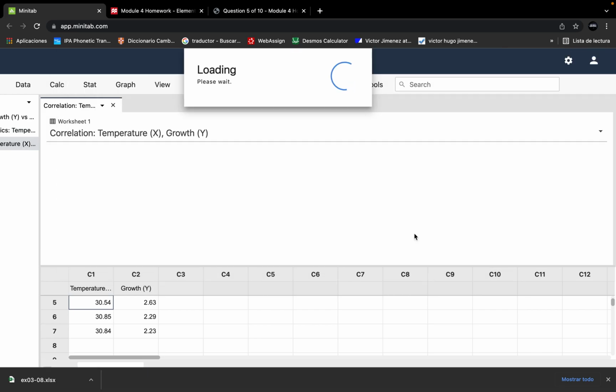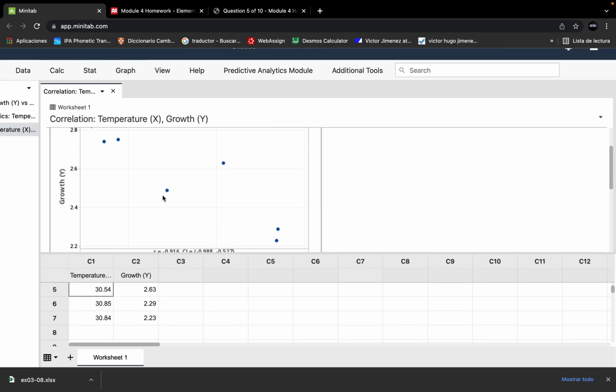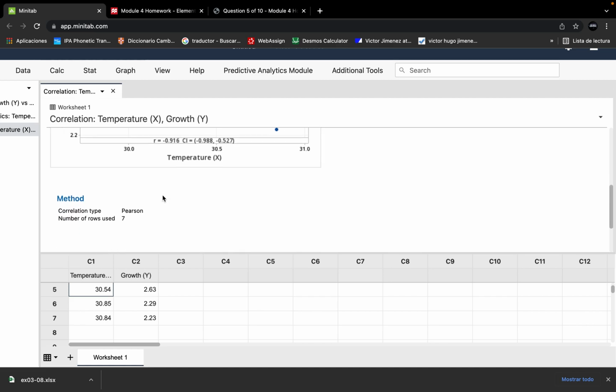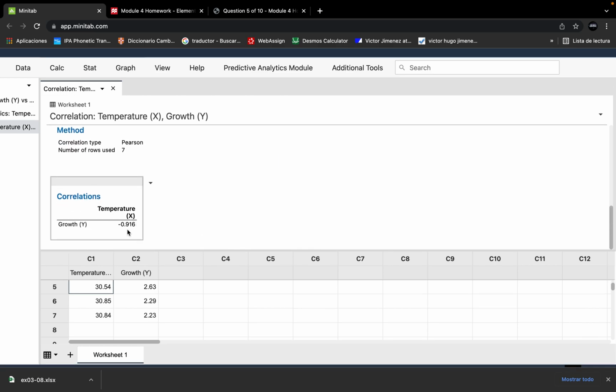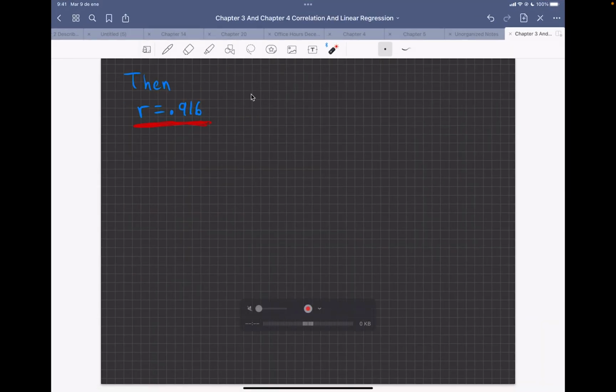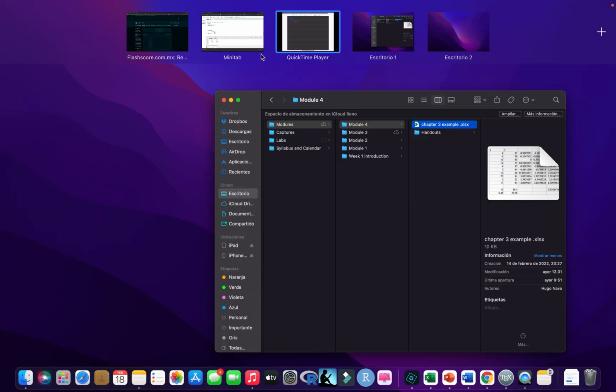And then OK. You're going to have again the scatter plot, but you're going to have the correlation coefficient. Negative, oh yeah, it is negative 0.916. I missed the negative sign. I'm sorry for that. Well, that's why I verified this. Negative 0.916.